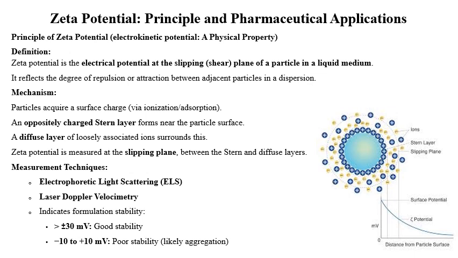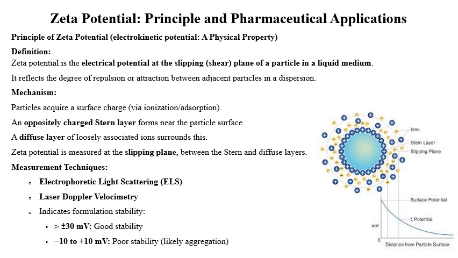Zeta potential reflects the degree of repulsion or attraction between the adjacent particles in the dispersion. Because of these charges, there may be attraction or repulsion in the adjacent particles. Now see the mechanism. Particles acquire a surface charge, maybe because of the ionization or adsorption.